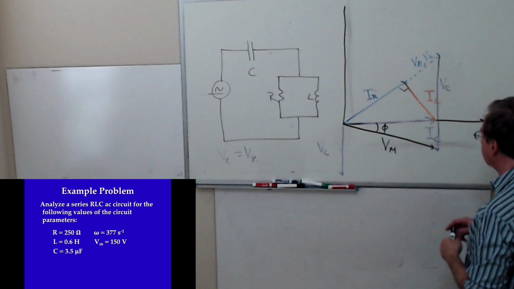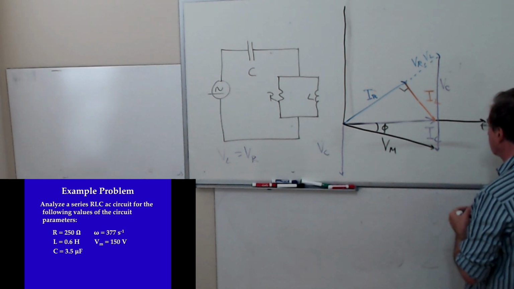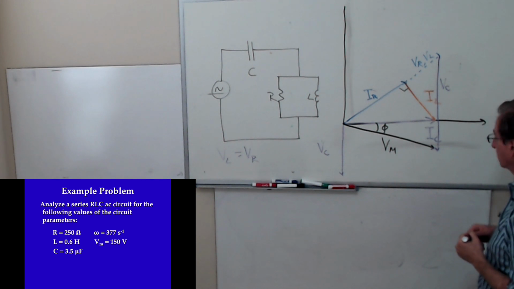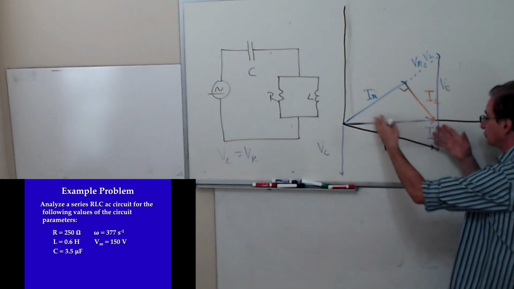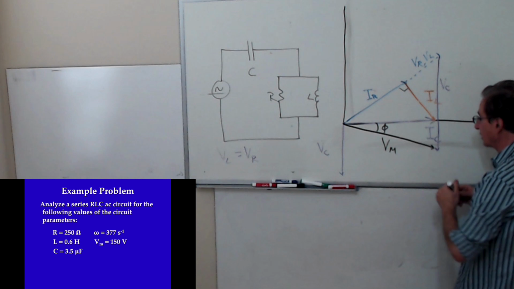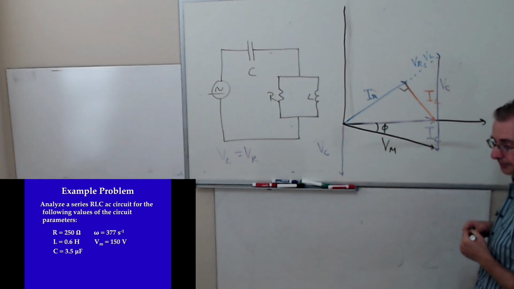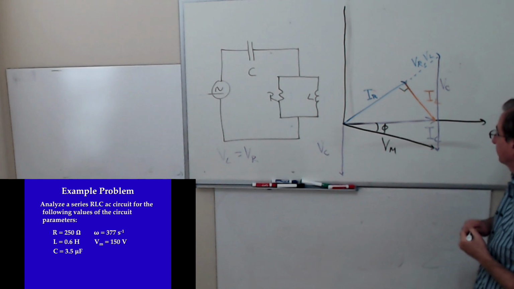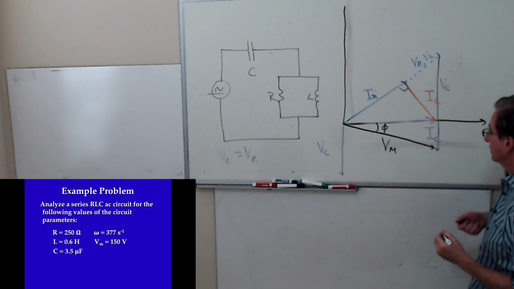So one of the things I can find out, for example, is the X and Y components of this. The X component is due to the resistance. The Y component is due to the reactance. Okay.